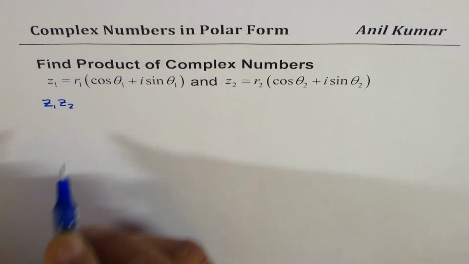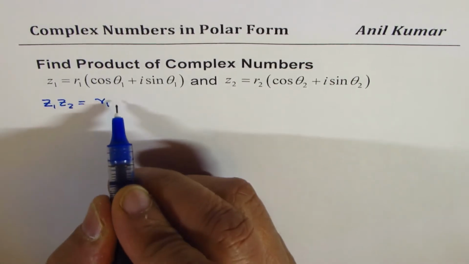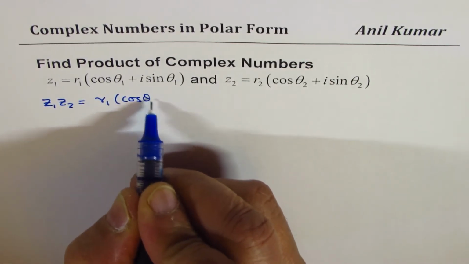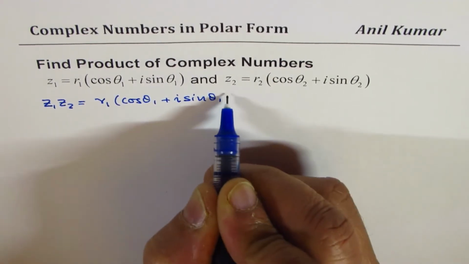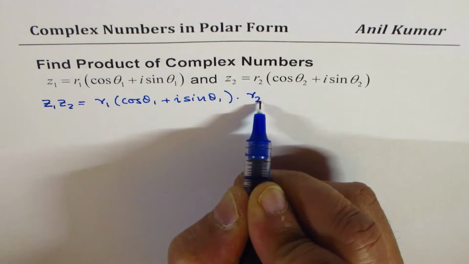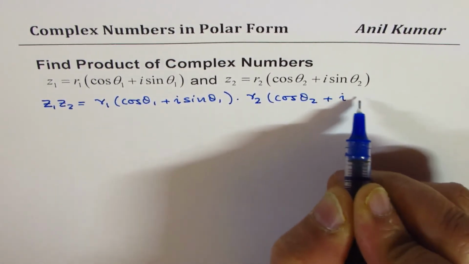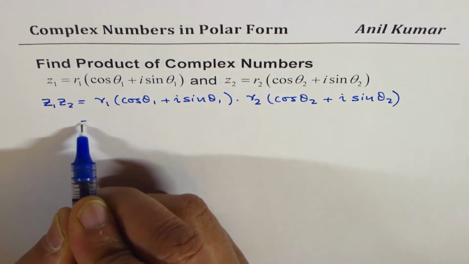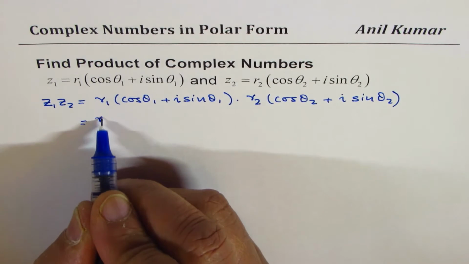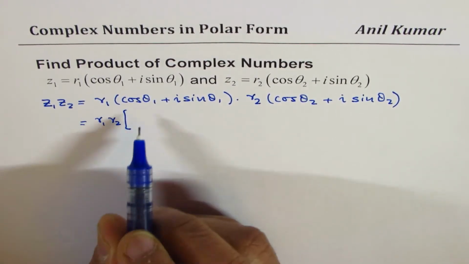That is the product, correct? So when you multiply them, we get r1 times cos theta 1 plus i sine theta 1 times r2 times cos theta 2 plus i sine theta 2, right? So r1 times r2 is the product of these two, so we can write this as r1 r2.